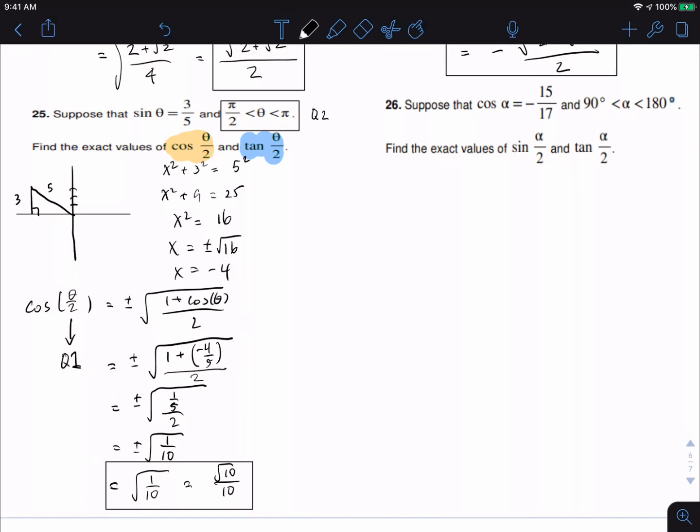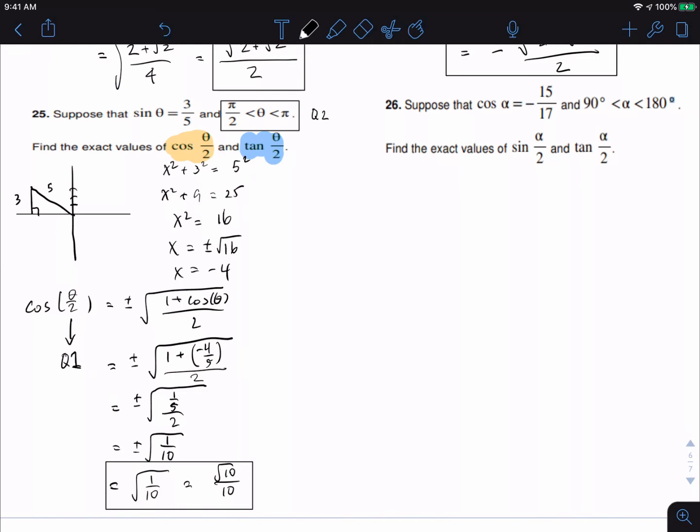Now to do the tangent, we've got to remember some things, right? So it told us that we were in quadrant 2. But if we're going to take the half angle, again, that puts us in quadrant 1.